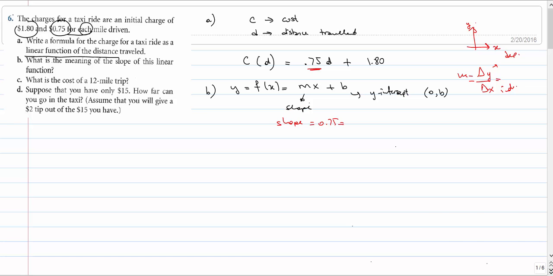All right, so for C of D, D is your independent variable and the charge is your dependent variable. So the charge is dependent on the distance traveled.